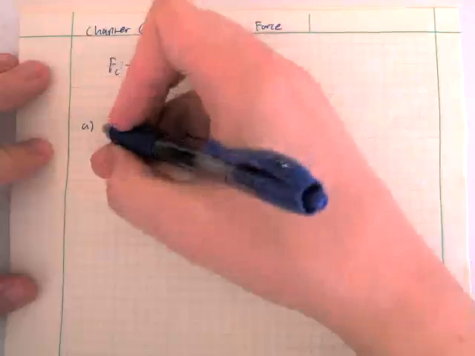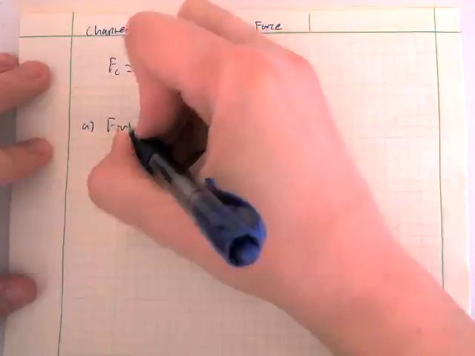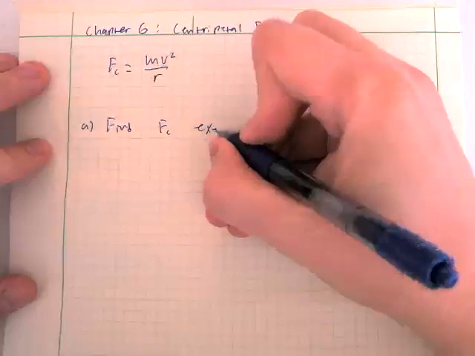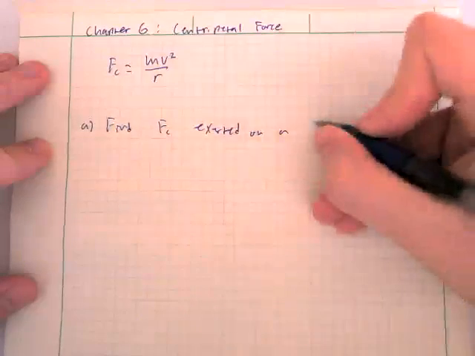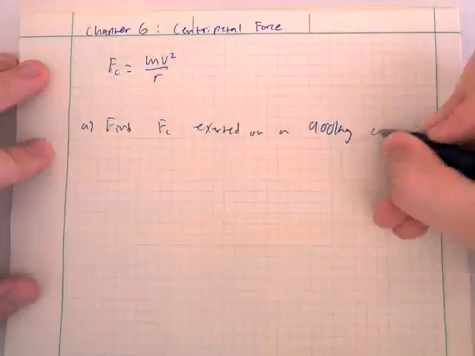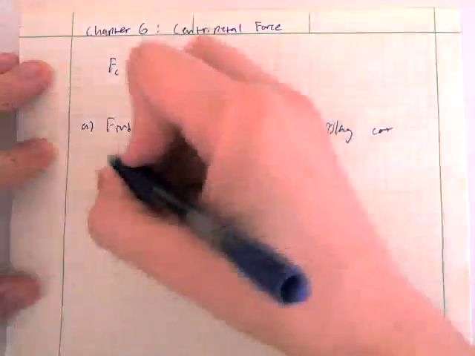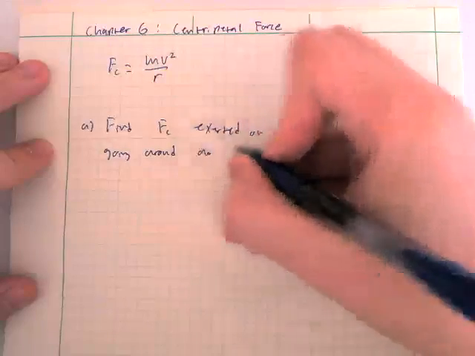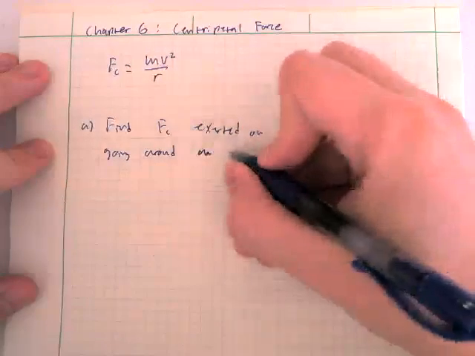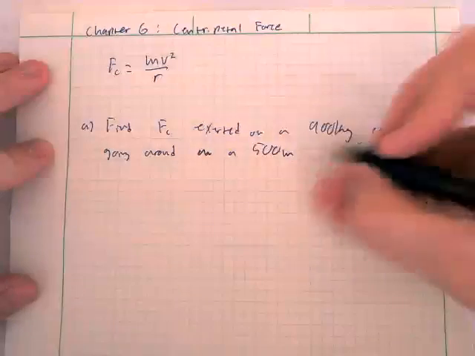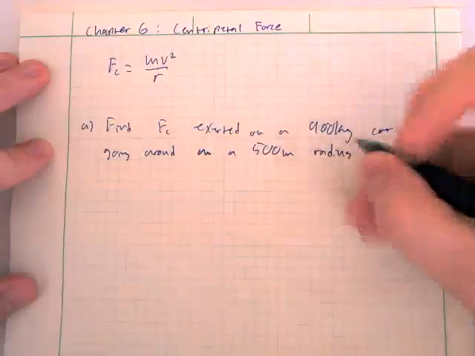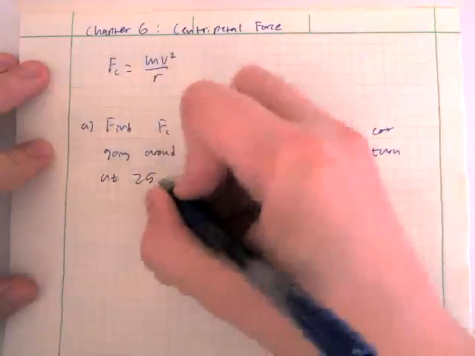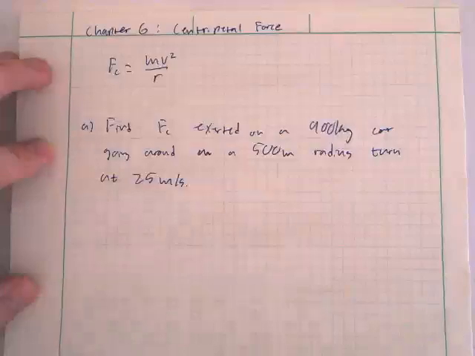For this first part, we're going to find the centripetal force F_c exerted on a 900 kilogram car going around a 500 meter radius turn at 25 meters per second.